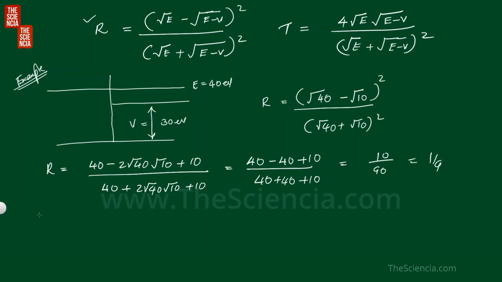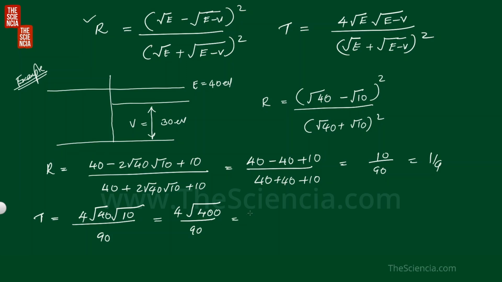Now we evaluate the transmission coefficient T, that is 4 into root E, root 40, into root of E minus V, root 10, divided by the denominator we already evaluated, that is 90. So we get 4 into root of 400 by 90.